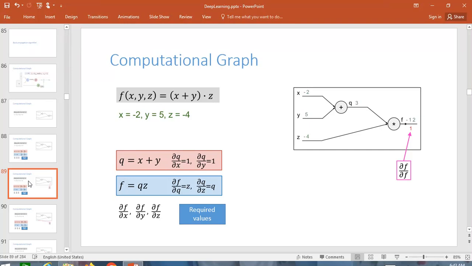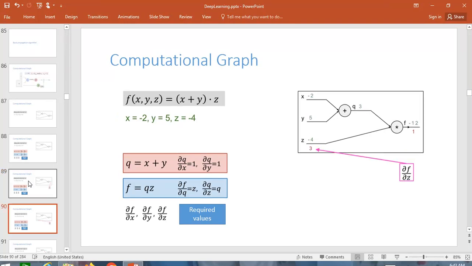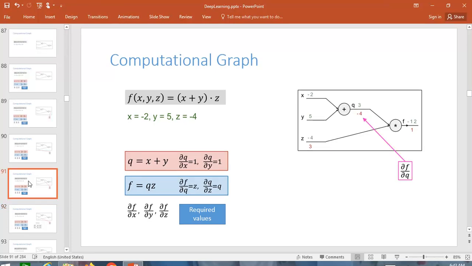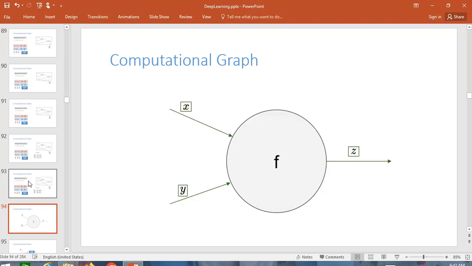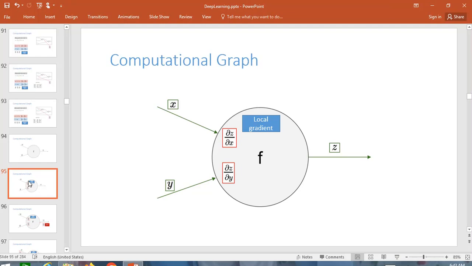We navigate the nodes in the order of the photo, backward. We have the differential of this node with respect to the output. We also have the partial differential with respect to the parameters.